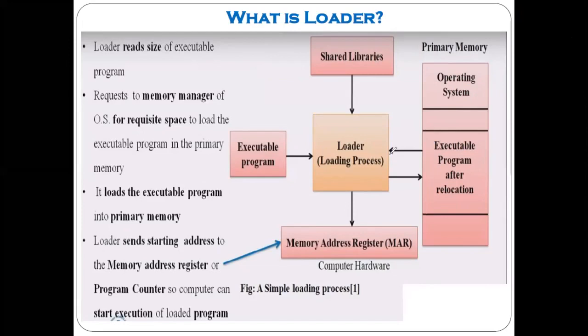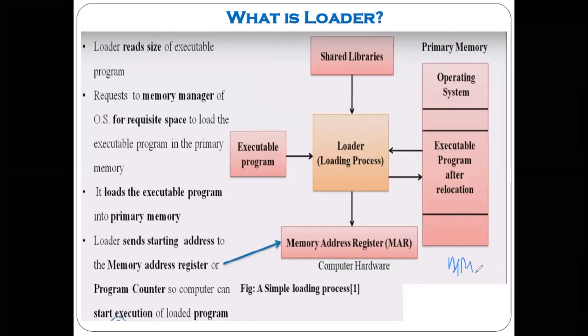As I said, the loader has to perform one more functionality apart from loading the program into the main memory, and that is providing the starting address of the program within this memory address register. This starting address is utilized by our processor, which is responsible for the execution.